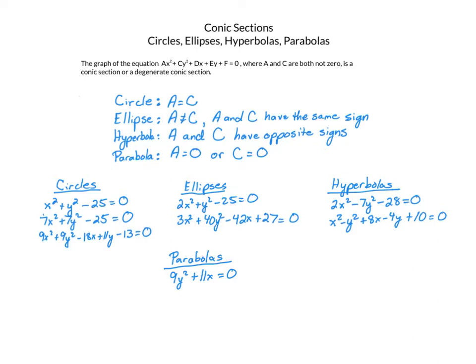That's why we don't see an x squared. Or we could look at this equation: 25x squared plus 3x minus 7y plus 42 equals 0. Again, I have one quadratic term and the other one isn't visible because its coefficient is 0.